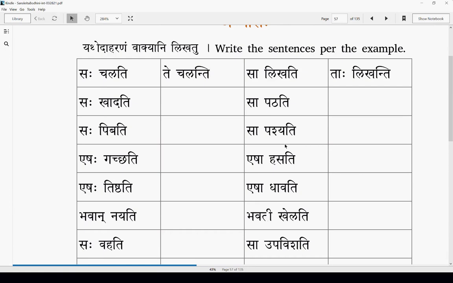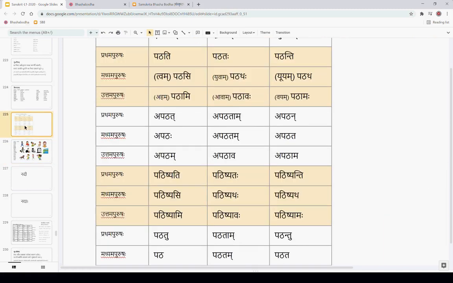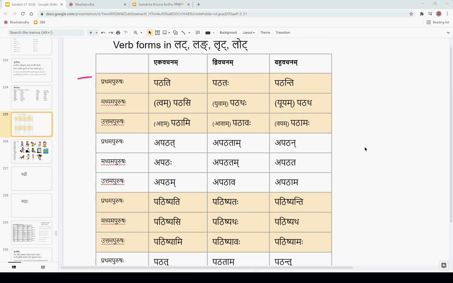Though we are not right now focusing greatly on the Madhyama Purusha forms shown in the table here, the words used for tvam, yuvam and yuyam, and also we are not focusing that much in the lessons on dvivachanam, it would still help when you're looking at the tables, if you can look at the table as a whole with all the purushas and all the vachanam.